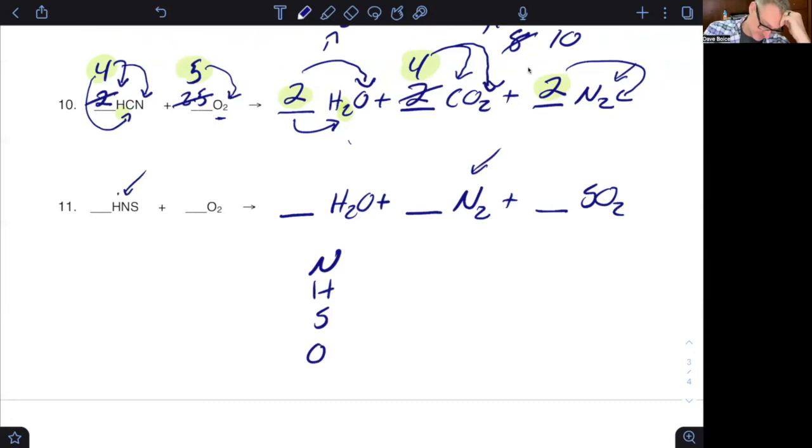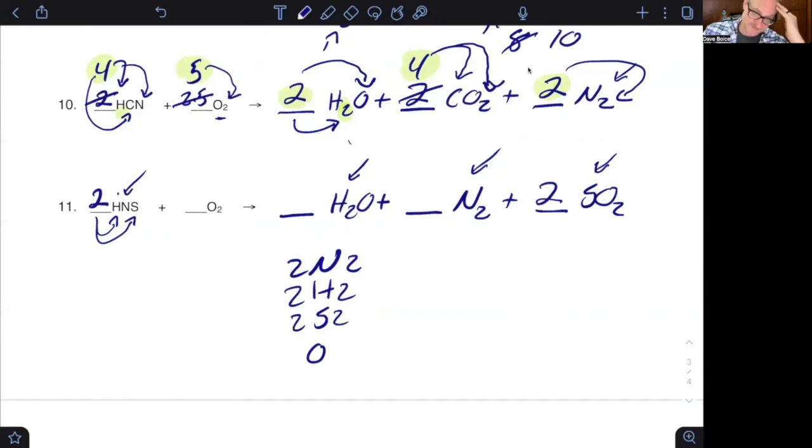So let's go ahead and make that a 2. We have 2 on each side. Hydrogen, all of them in the water. So I have 2 on this side. And since I put that 2 there, I have 2 on both sides. So great. Sulfur, I've got 2 here and only 1 here. So let's put a 2 there. 2 on each side.